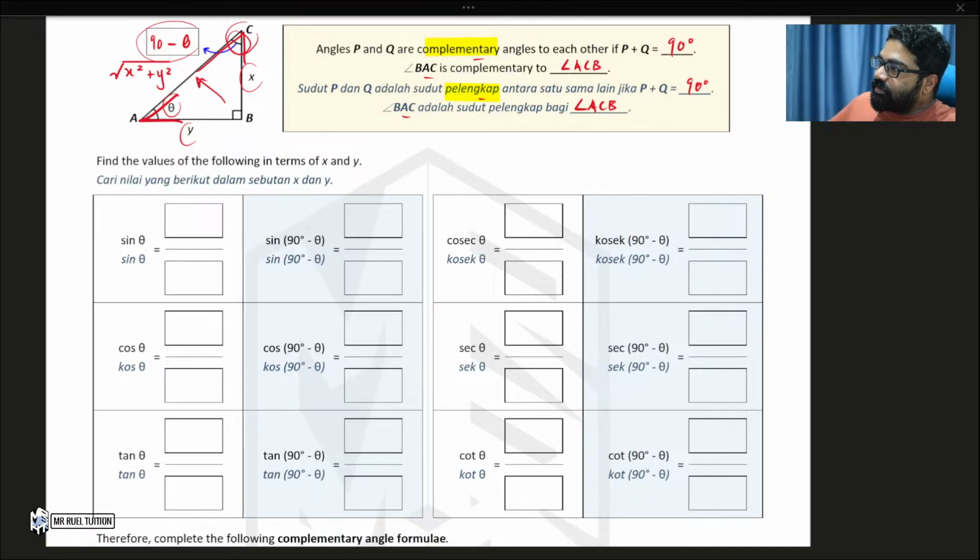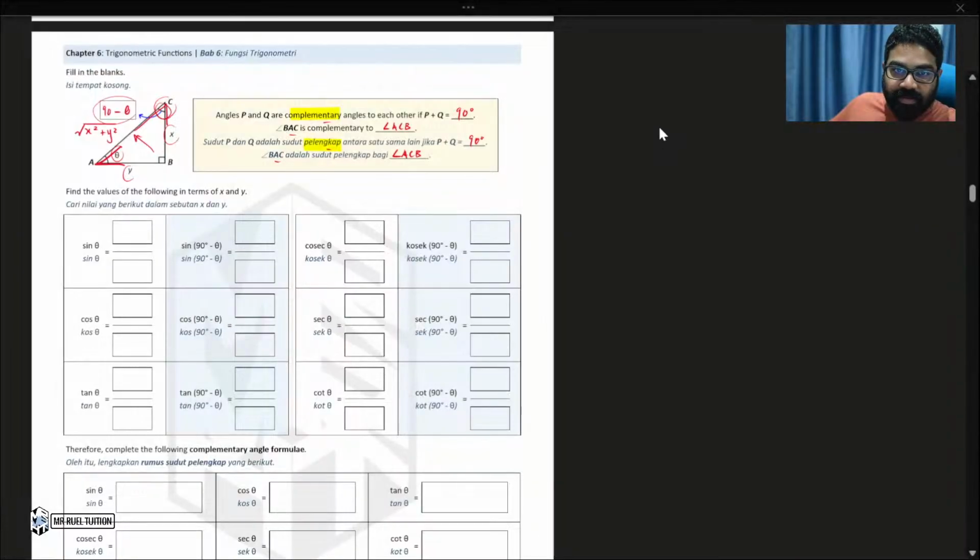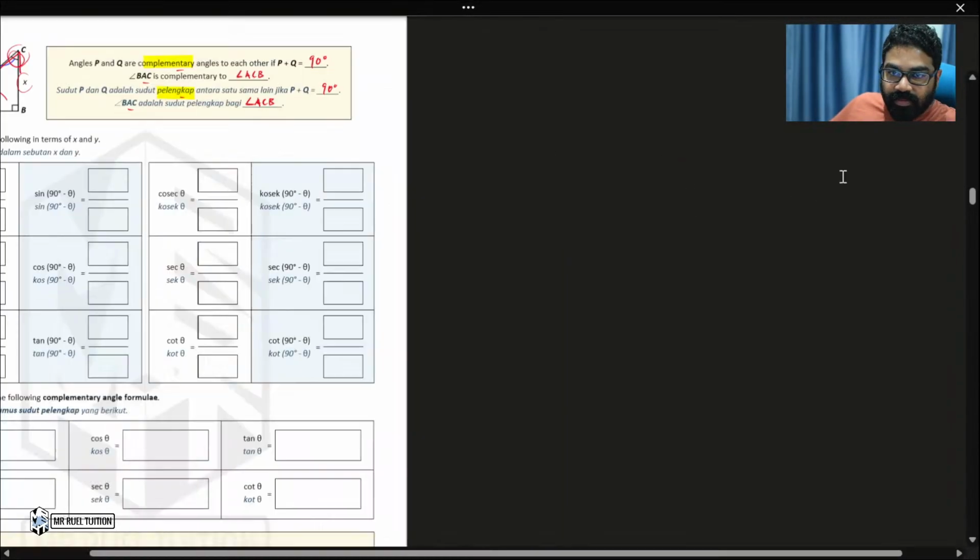One more minute. Same thing, just gunakan sisi dia. I want to show you all the angles.